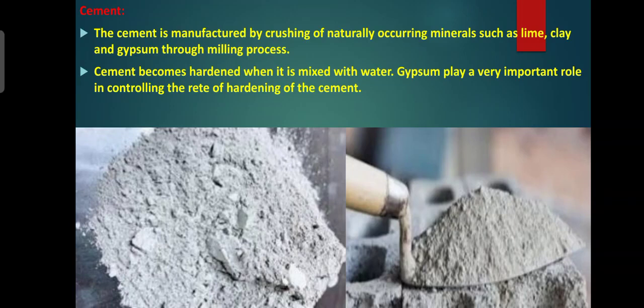Cement hardens when it's mixed with water. Gypsum plays a very important role in controlling the rate of hardening of the cement. During the cement manufacturing process, a small amount of gypsum is added at the final grinding process. Gypsum is added to control the setting of cement.